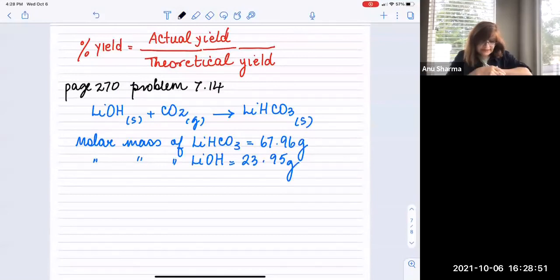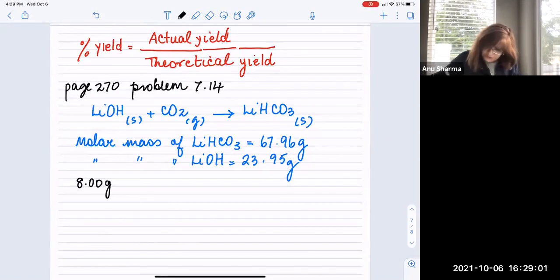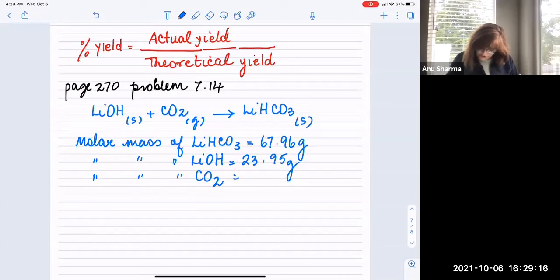For the reaction in this sample, what is the percentage yield of lithium bicarbonate if 8.00 grams of CO2. Sorry, I forgot to write down the molar mass of CO2. Carbon is 12, oxygen is 16, so 32 plus 12 is 44 grams per mole.